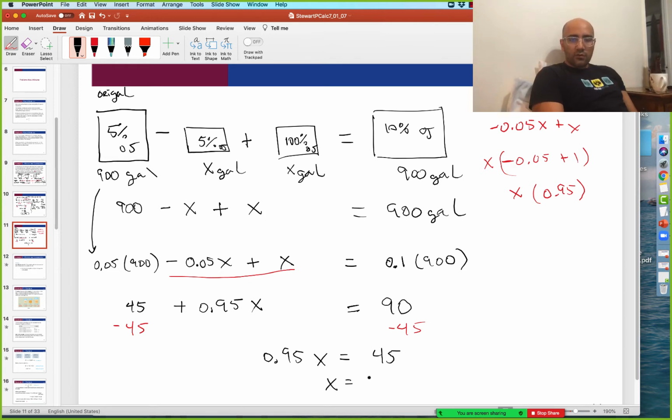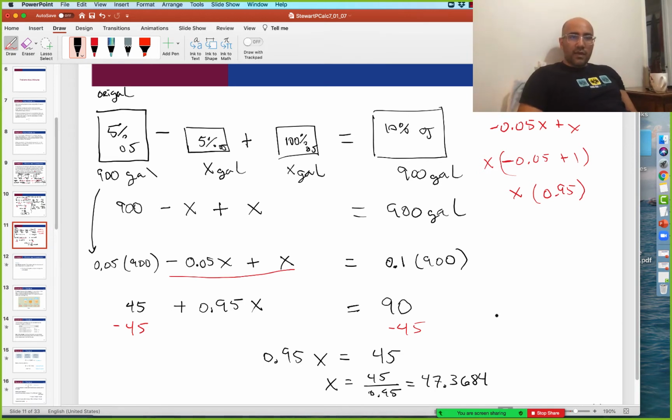So x equals 45 divided by 0.95, which gives you approximately 47 point, and let's just round to 4 decimal places, 3684. Good. And so now let's check it.